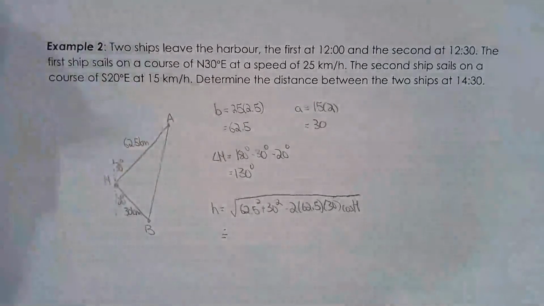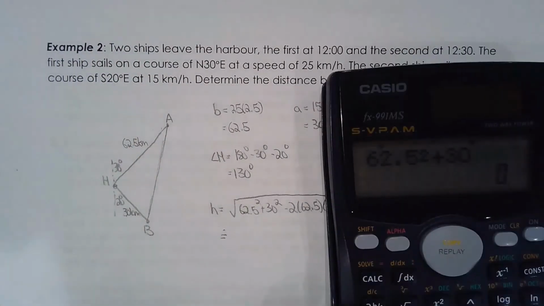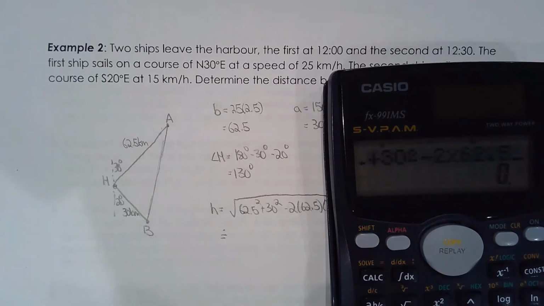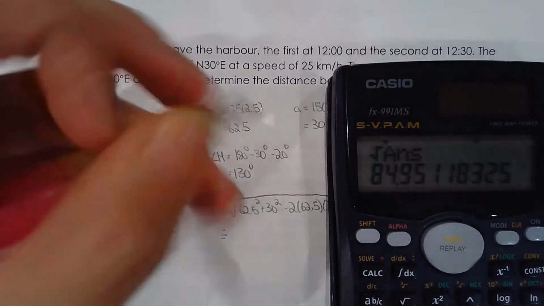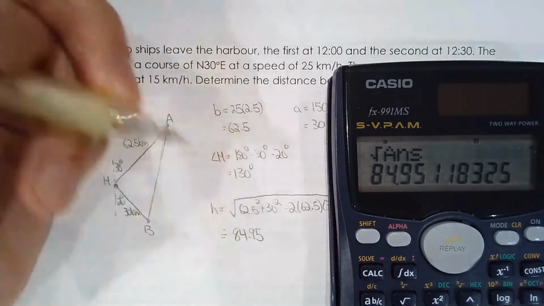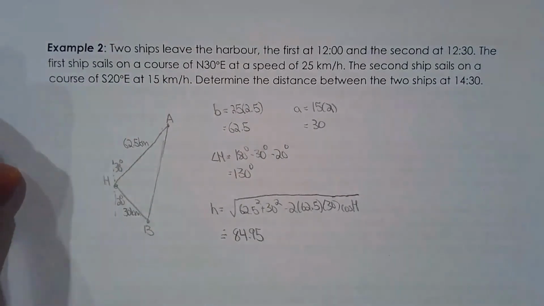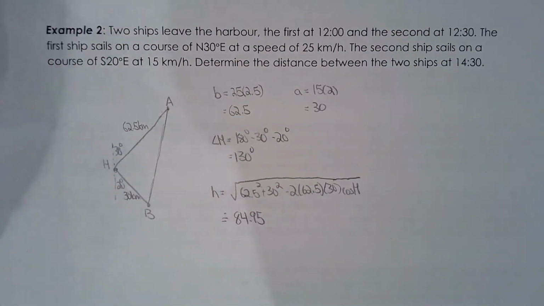All right, one step with a calculator. So we're looking at about 84.95. On the test or quiz or assignment, I'm going to tell you how much to round it to. But for now, let's just say 2 decimal places.